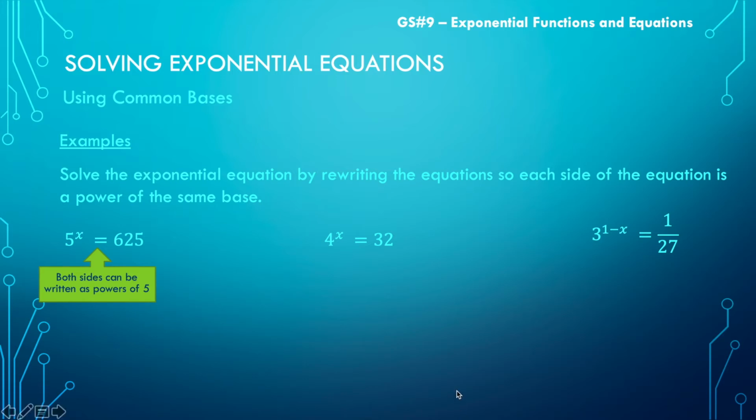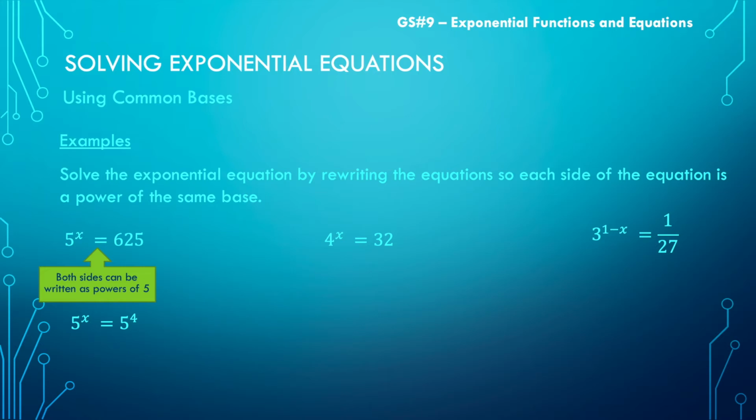When you have this exponential equation, you're going to have the variable x, the exponent, on one side. Always start with the base there and see if both sides of the equation can be written as powers of this base. So we can definitely say that 625 is a power of 5.